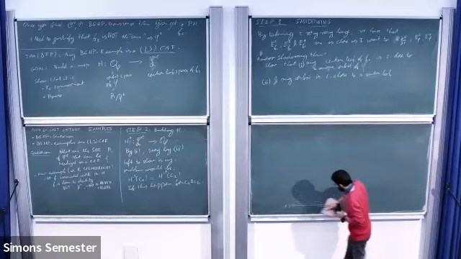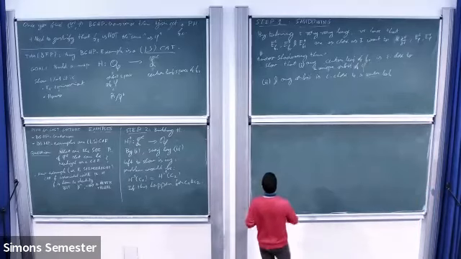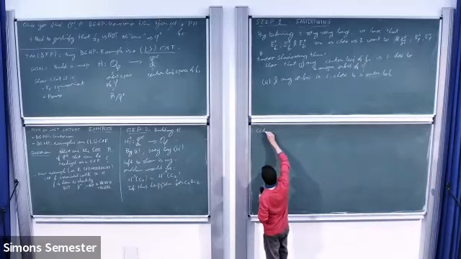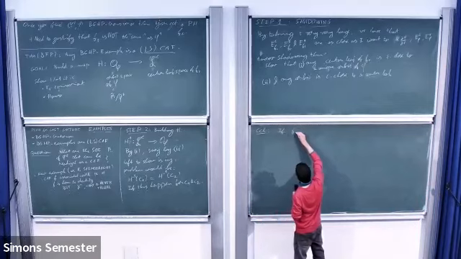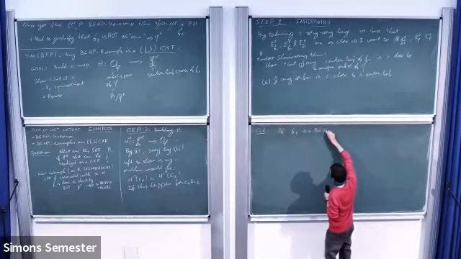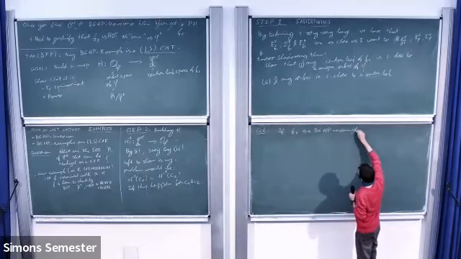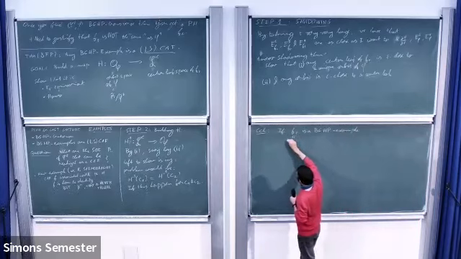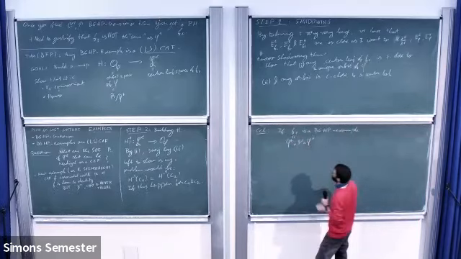So the conclusion is: if FT is a BGHP example, so FT again, that is my phi t, my flow, composed with psi, composed with phi t.